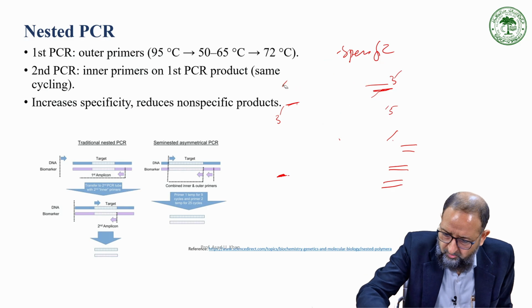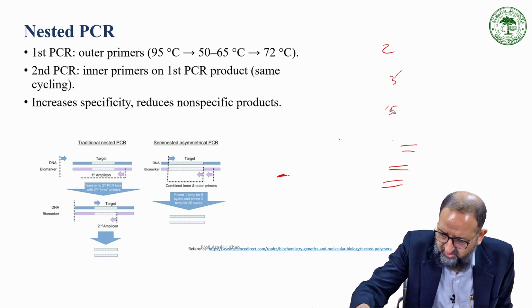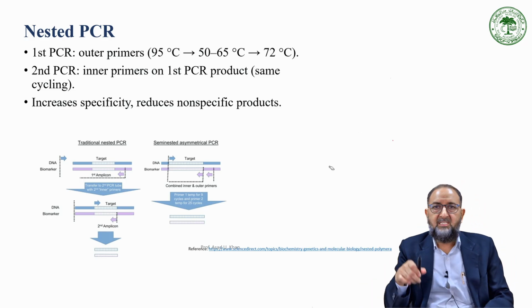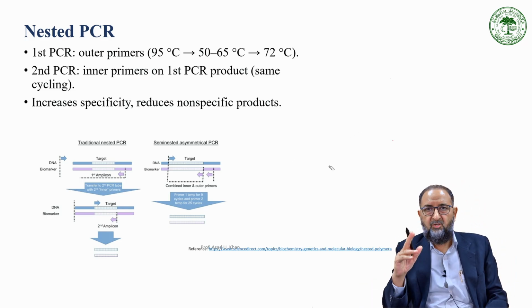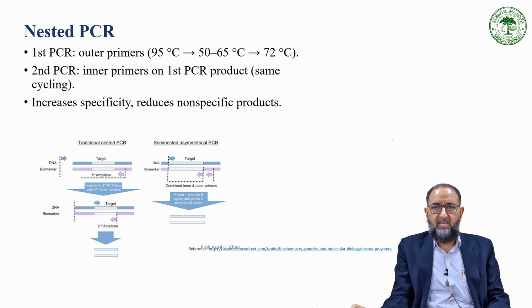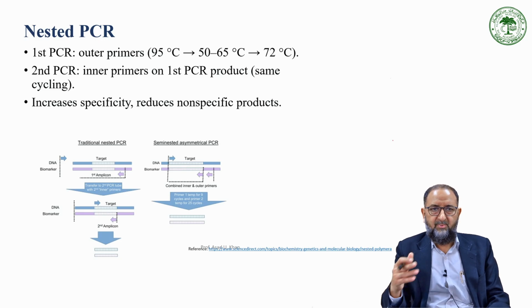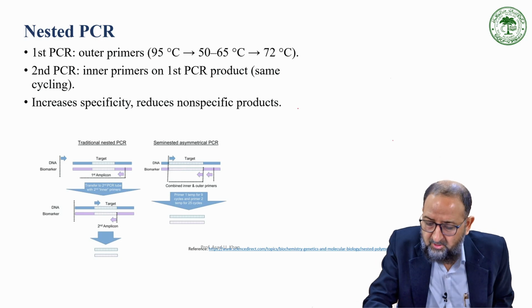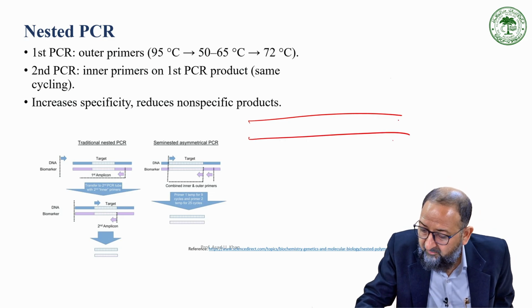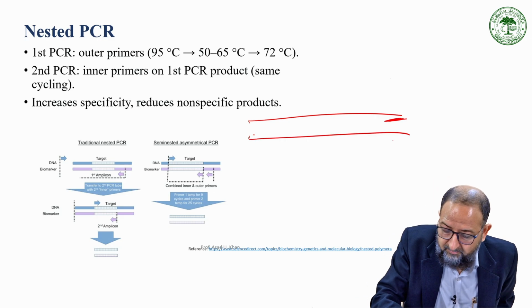So in order to get the specificity, what is being done, rather than a single set of primers, 2 sets of primers are used, right? So in case of 2 sets of primers, for example, first PCR with outer primers, then second PCR with the inner primers. So suppose this is a product, right? You are getting one primer we call outer primers.